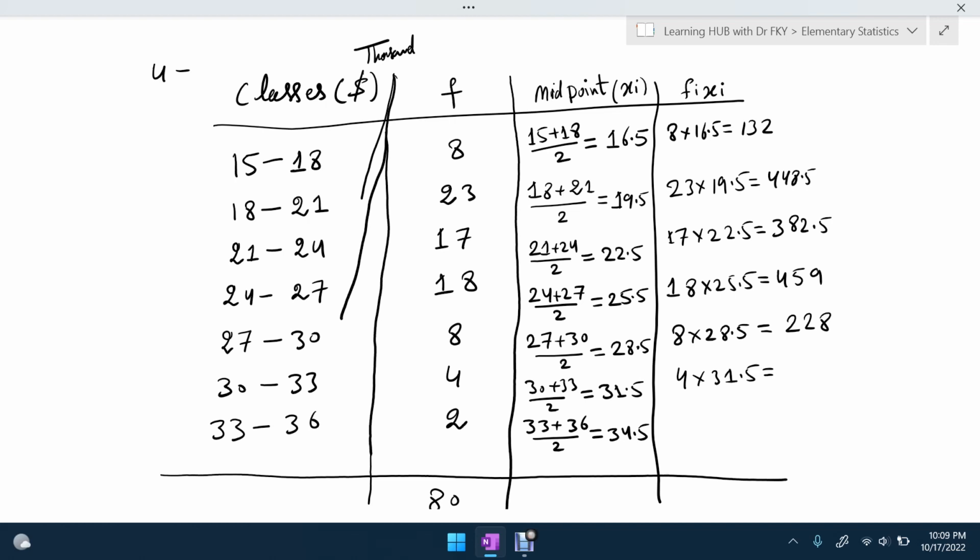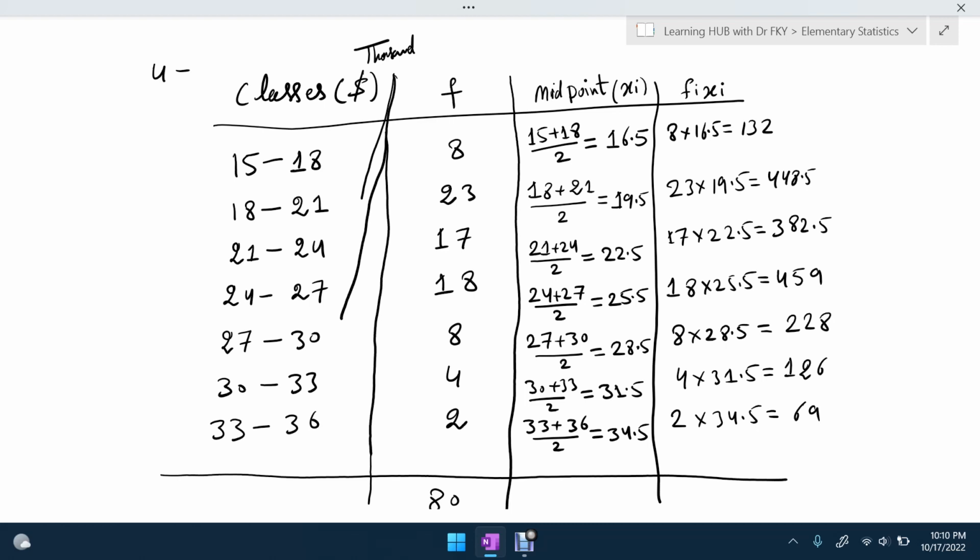This will give you 126. And the seventh is 2 multiplied by 34.5. This will give you 69.